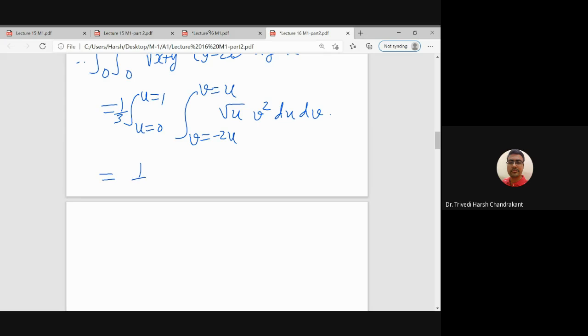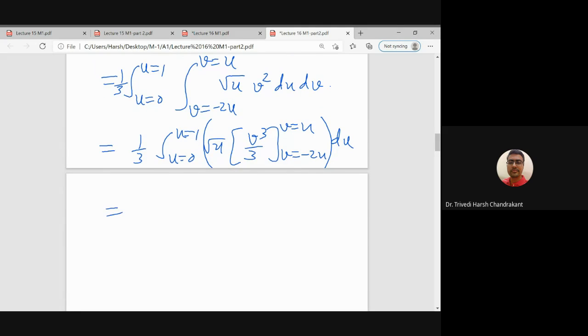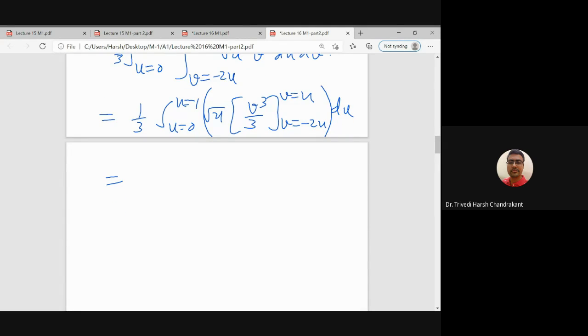First we integrate this with respect to v, we get v cubed by 3. When we substitute this limit, we get the value to be 1/9 times the integral from 0 to 1 of square root of u times u cubed plus 8u cubed du.